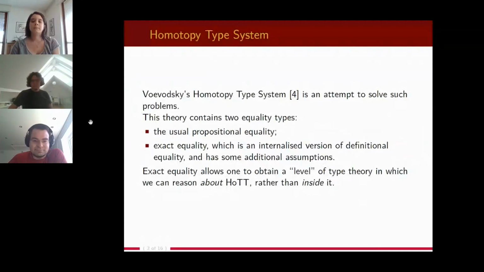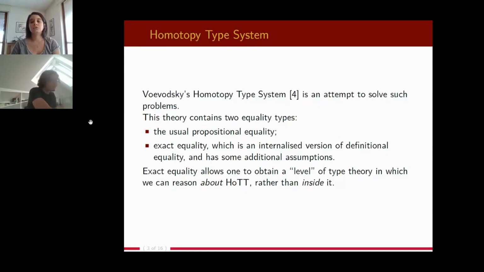Voevodsky made the first attempt to solve this problem, defining his homotopy type system. This system contains two equality types. We have the usual propositional equality, and we have exact equality, which is the definitional equality, but internalized and with some other assumptions.